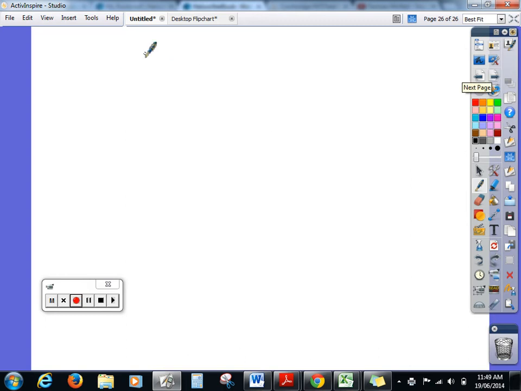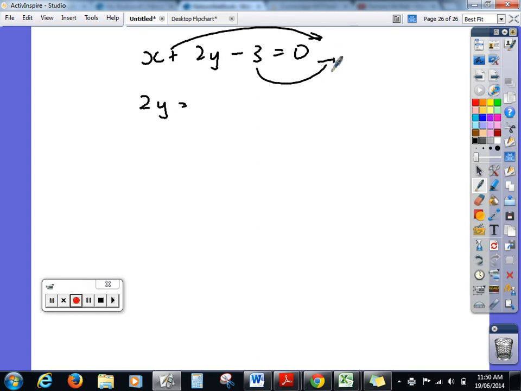If something is in the general form, say x plus 2y minus 3, it's not as easy to read off the gradient, so we have to rearrange it into y equals mx plus b form. To do that, let's simply rearrange it to 2y, and we're going to bring the x and the minus 3 to the other side, so it becomes minus x plus 3, and dividing through now by 2, that enables us to read off that y equals negative a half x plus 3 on 2.